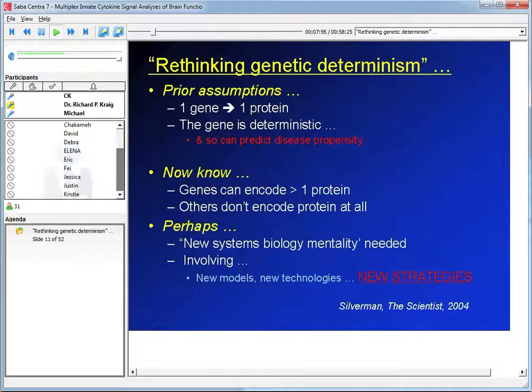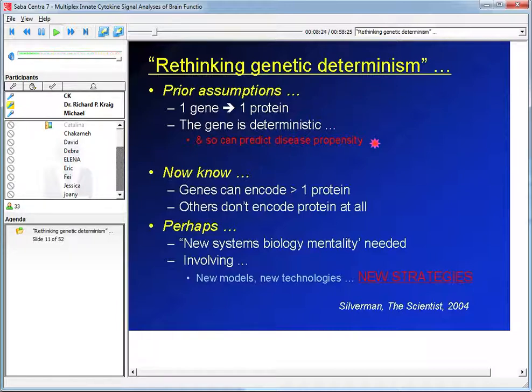What this follows from is an article that actually appeared in a lay journal, The New Scientist. It was written by Silverman, and I thought the gist of it captured it very well. His article suggested that prior assumptions, that one gene equals one protein equals one disease, that is, the gene is deterministic, are rather archaic. Instead, it predisposes to disease.